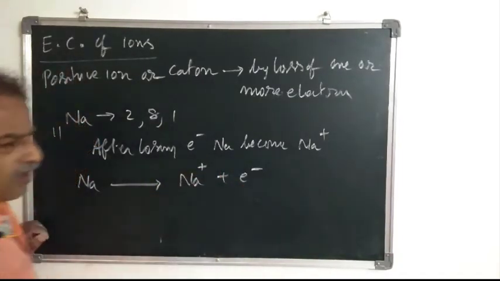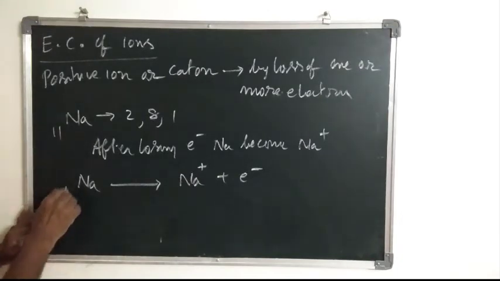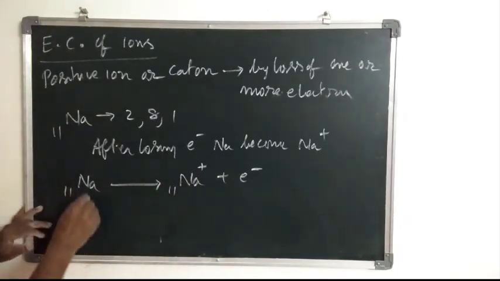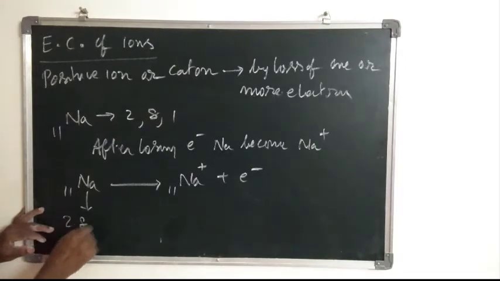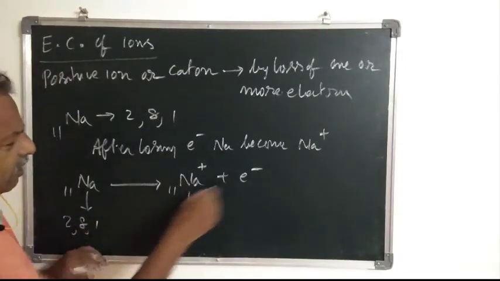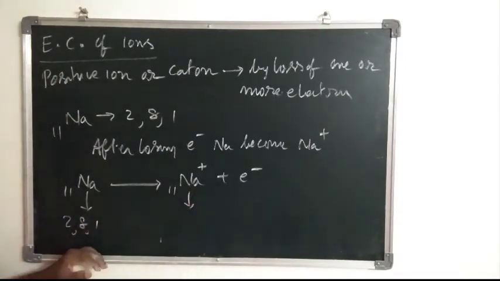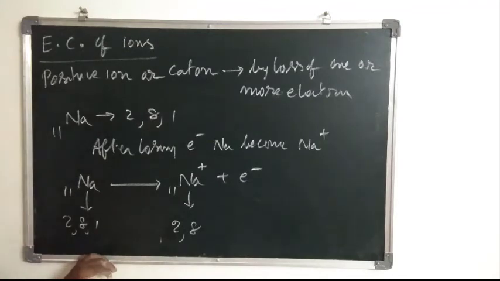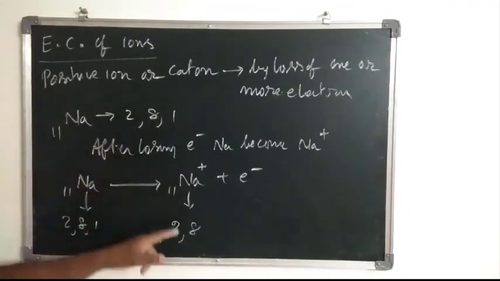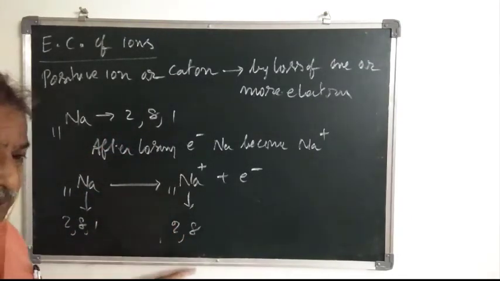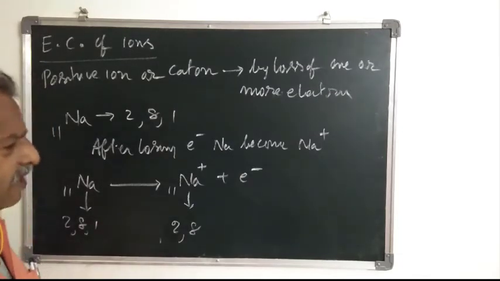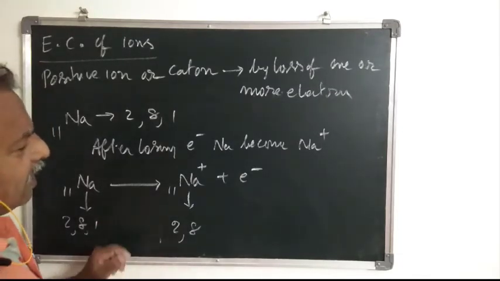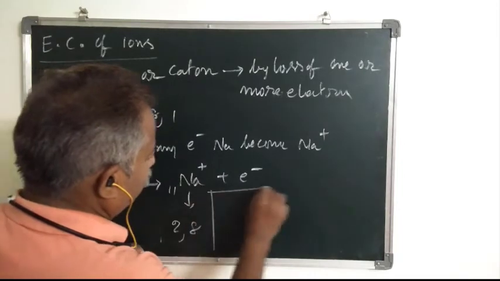As the electron is lost, positive charge is established. The atomic number is the same, 11. So what is the configuration? The atom was 2, 8, 1; here 1 electron is lost. Though the atomic number is 11, meaning it has 11 protons, the number of electrons is only 10, that is 2, 8. So this is the electronic configuration of Na+. In this way you have to learn how to write the electronic configurations of ions.